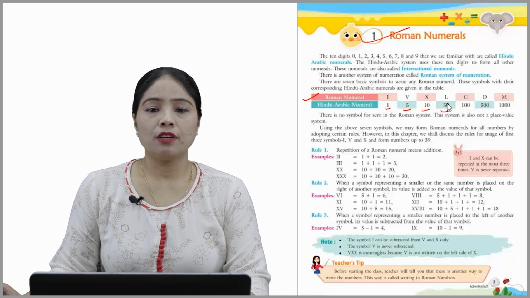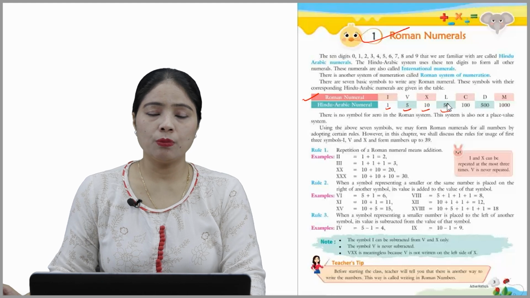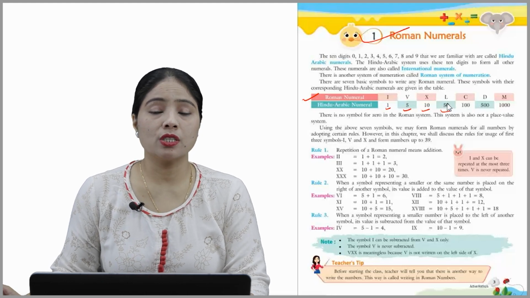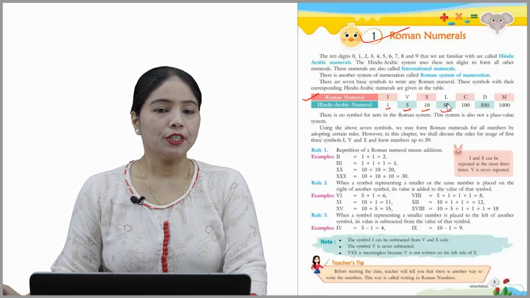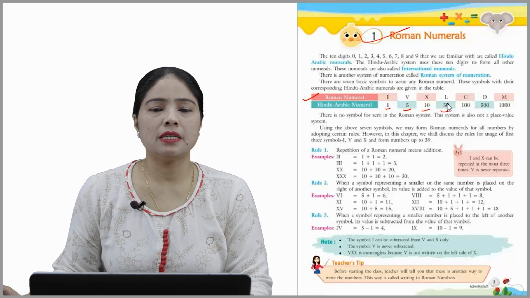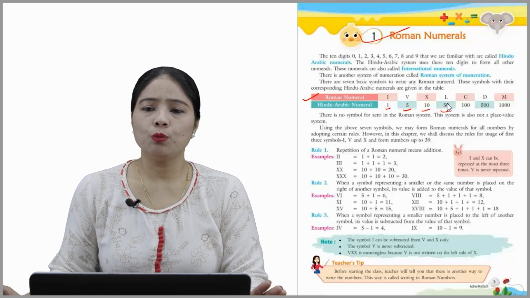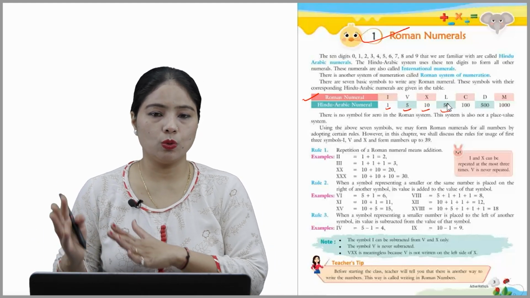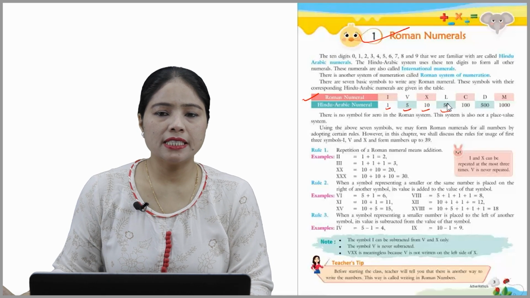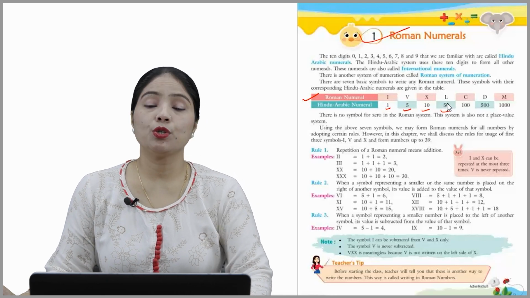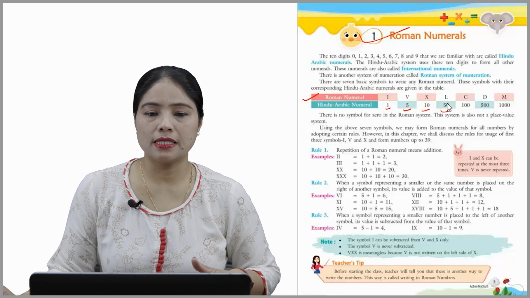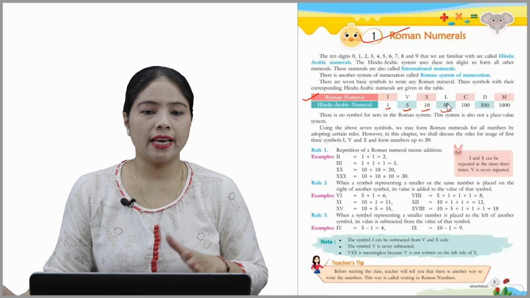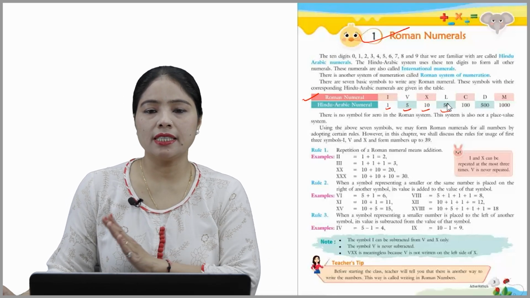There is no symbol for 0 in the Roman system. This system is also not a place value system, beta. Using the above 7 symbols, we may form Roman numerals for all numbers by adopting certain rules. However, in this chapter we shall discuss the rules for use of the first 3 symbols, meaning I, V and X, and form numbers up to 39.